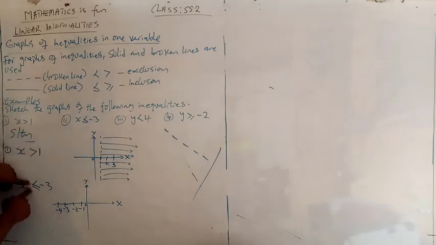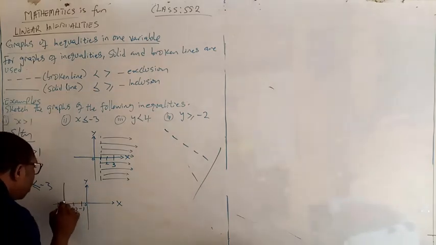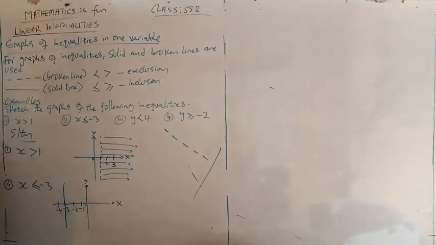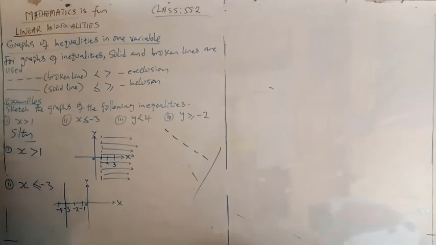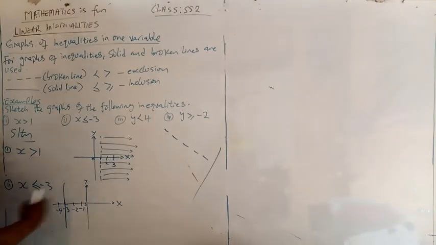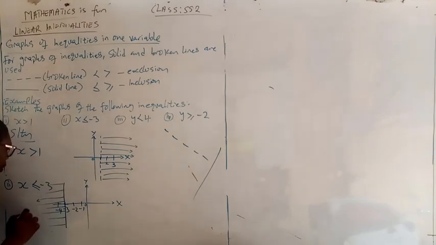And because it is less than or equal to, which is inclusion, I'm going to draw a solid line. Then let me satisfy this. Less than or equal to, where you have the numbers that are less than -3 is on this left. This line is cutting this plane into left hand side and right hand side. Therefore, this is where I have the area that satisfies less than or equal to -3. So that's for this as well.